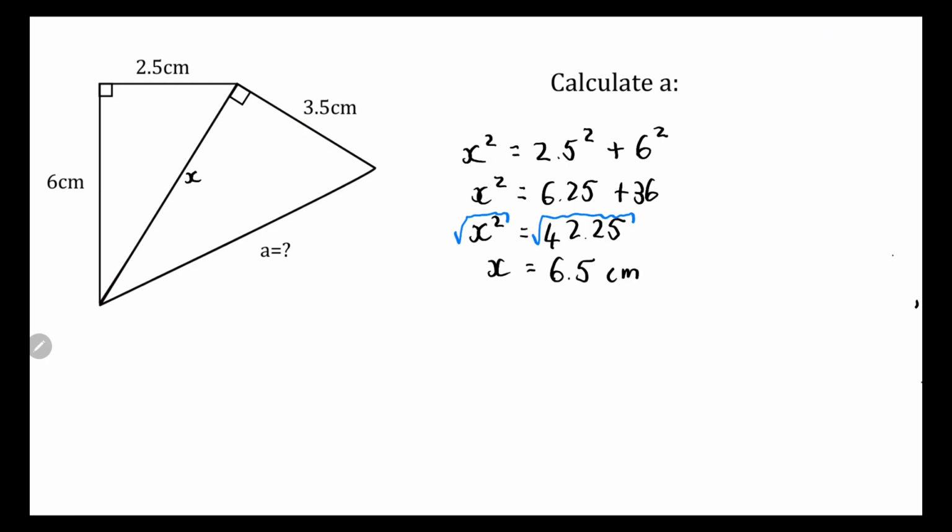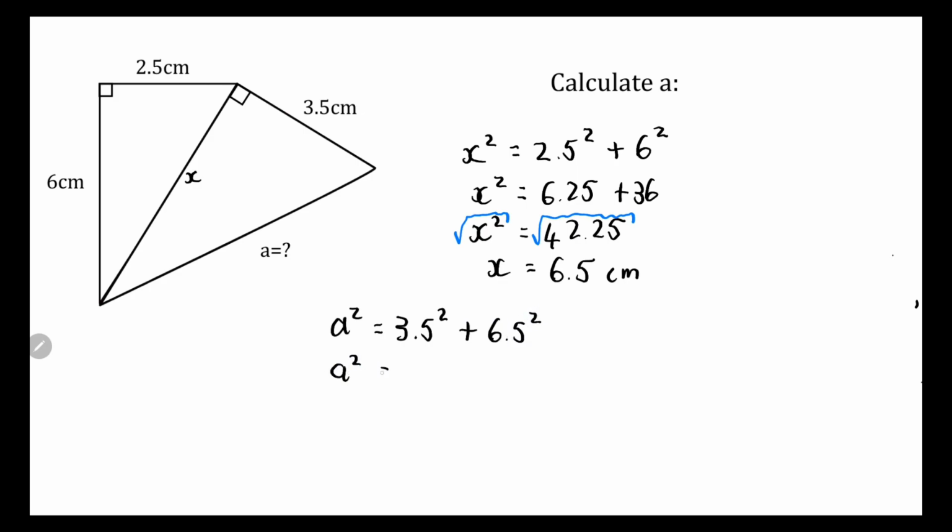Now, you have x. So you have this side length, you have this side length, and you want this hypotenuse. And you can calculate it as follows. You would say A squared equals the one side squared plus your 6.5, which is your x.